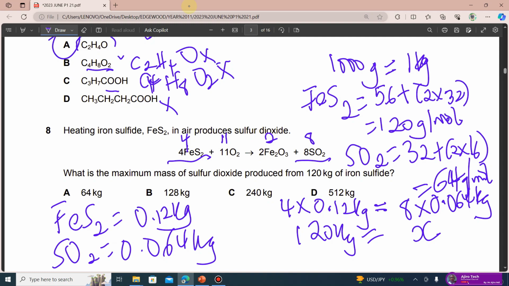So 8 times 0.064 times 120, divided by 0.48, gives us 128 kilograms. So B is the answer to this question. All right, that is how to solve questions like that. You can watch it over and over again to get how it was done.